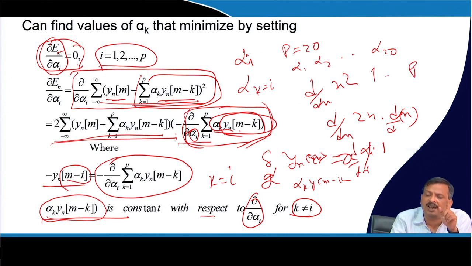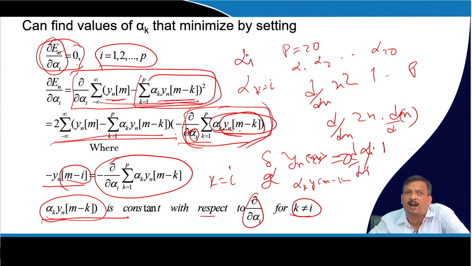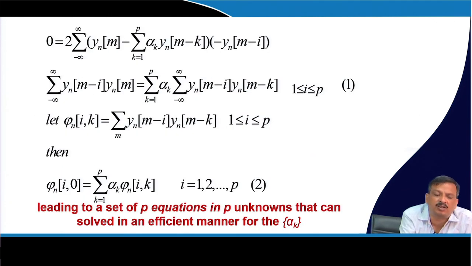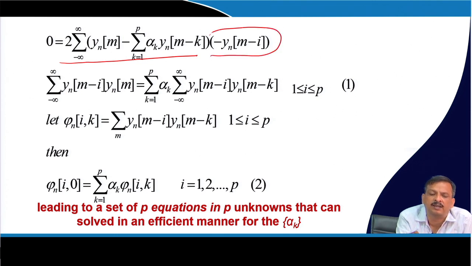Except for k equal to i, the others are constant with respect to alpha_i, and the derivative of a constant is 0. So this is minus y_n[m minus i], and the final derivative becomes 2 into the error term into y_n[m minus i].